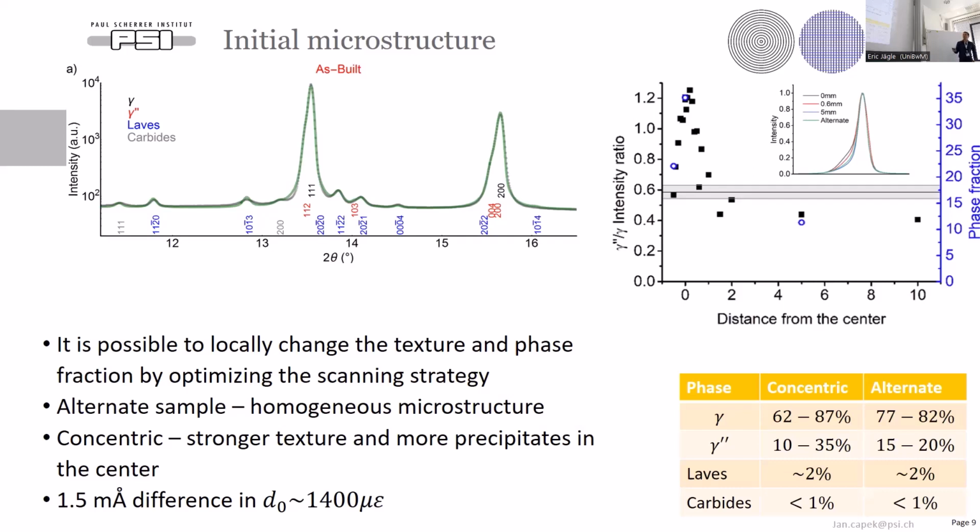When we did the scan through the concentric sample, we can observe that there is a higher gamma double prime phase fraction in the center than at the edges, which is due to the higher heat input in the center, because of the smaller radius of the concentric scanning pattern.